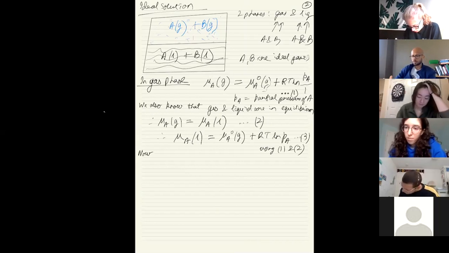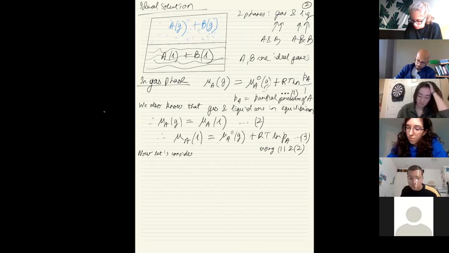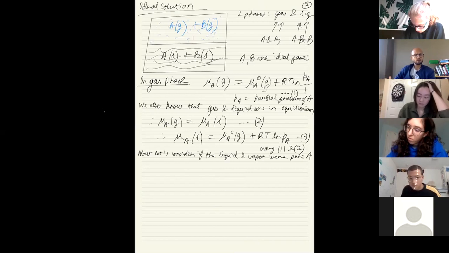Now, all of what we wrote till now was for the mixture. Let's think about if it was not A and B mixed, but if it was pure things at the same time. Now let's consider if the liquid and vapor were pure A. Again, you could have done this for pure B also. The answer won't be any different.